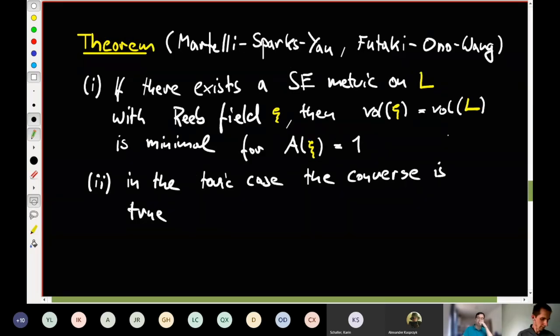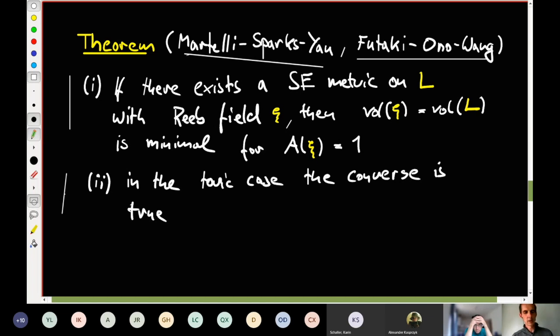And there's a theorem by Martelli, Sparks, Yau, Futaki, Ono, and Wang, where the first three prove the first part, and the second three prove the second part.